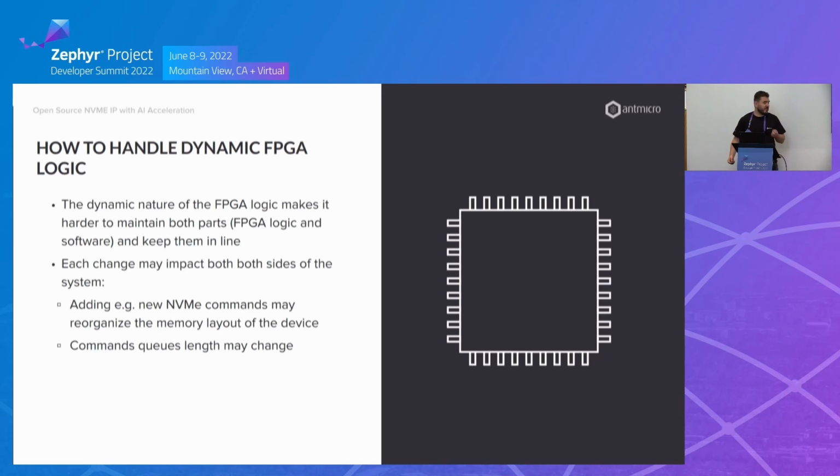Normally it's pretty painful because you change one thing and you have to change the other thing. Like you change the memory layout in the FPGA, you have to adapt the software in Zephyr, at least header files with some definitions of where things are, but often a bit more of the code.